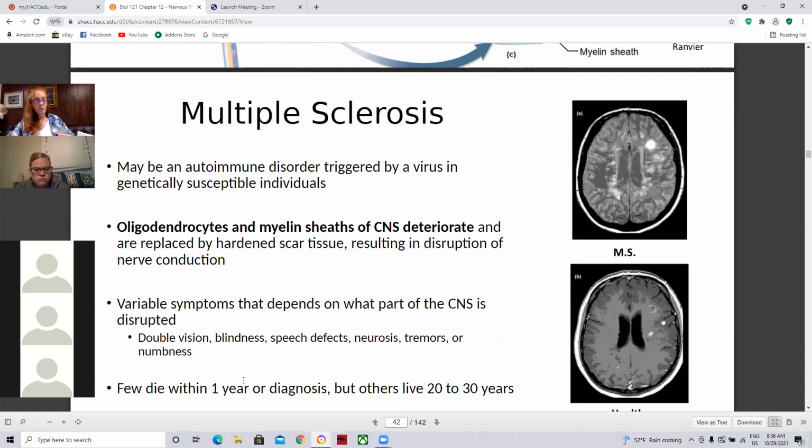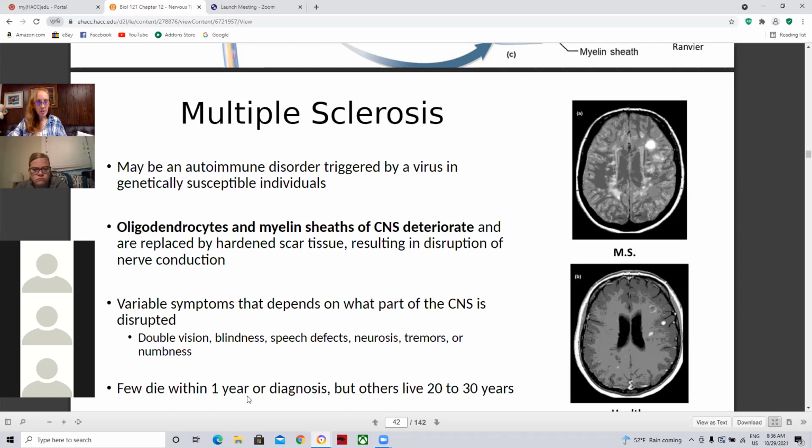Autoimmune meaning the body is attacking itself, where the body has essentially decided that some part of the body is foreign and needs to be attacked. It's pretty common. There's a lot of autoimmune disorders out there.